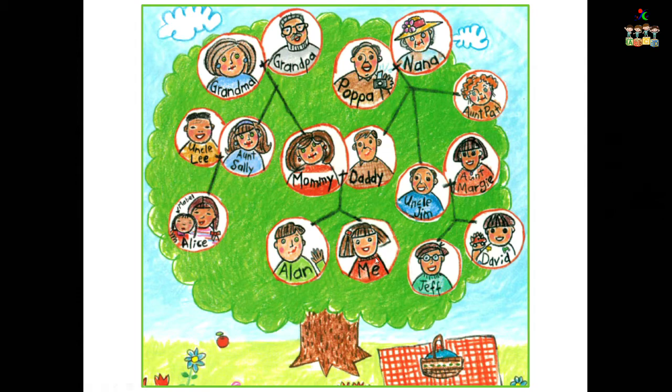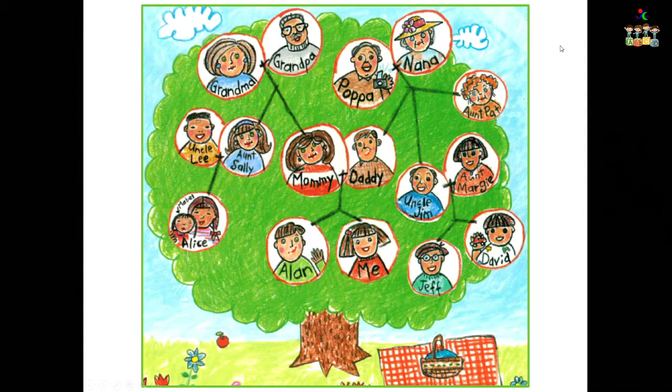Her family has 1, 2, 3, 4, 5, 6, 7, 8, 9, 10, 11, 12, 13, 14, 15, 16. 16 family members. How many people are in your family? Take a moment and count everyone in your family.